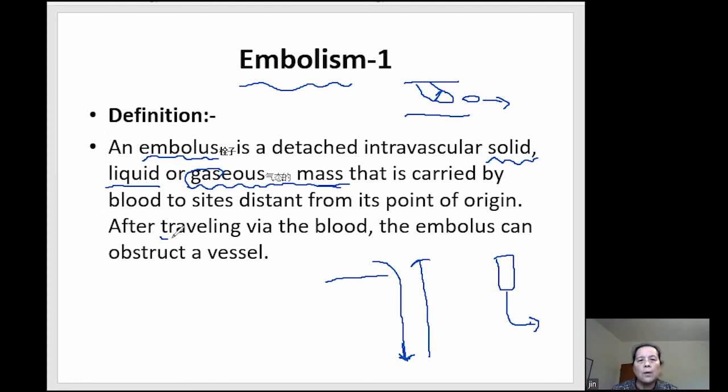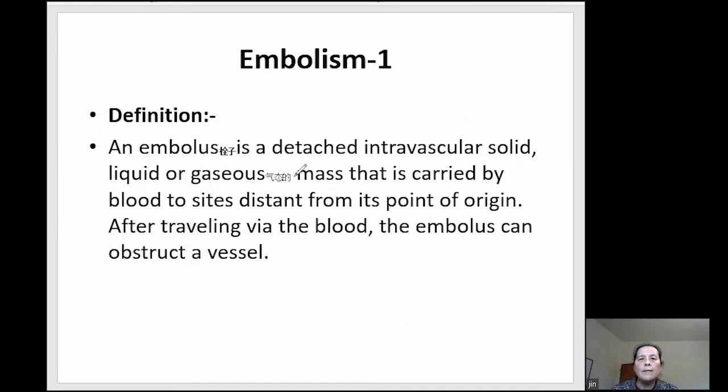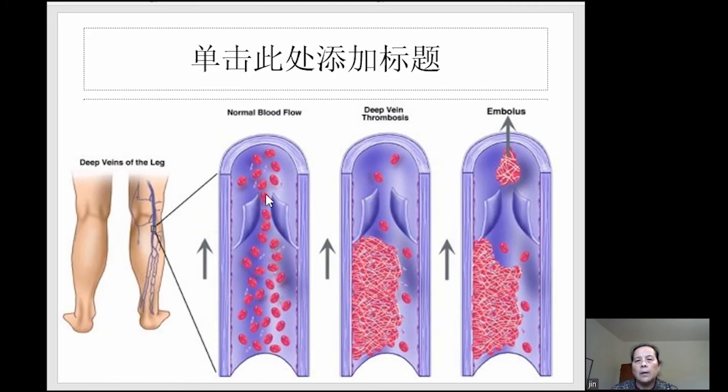They travel by the blood system, follow the blood flow, and finally block the blood flow. That kind of situation we call embolism. So anything totally blocking blood flow. That's some example here.